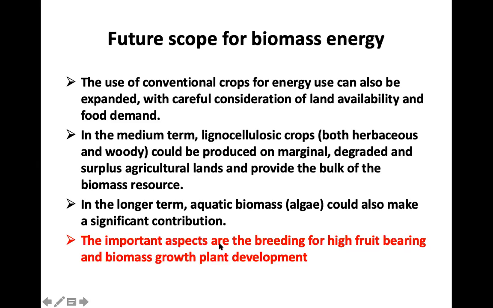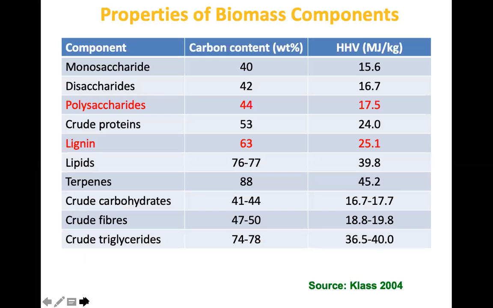An important aspect is breeding for high fruit bearing and biomass growth in plant development, for example jatropha or castor. If we can do some breeding on these wild plants, we can make new varieties that are high seed producing or oil containing, and that would help them to commercialize.